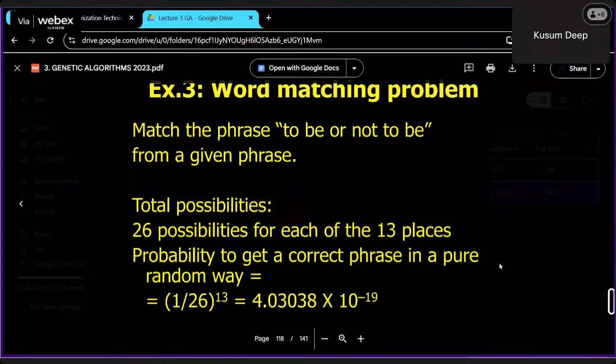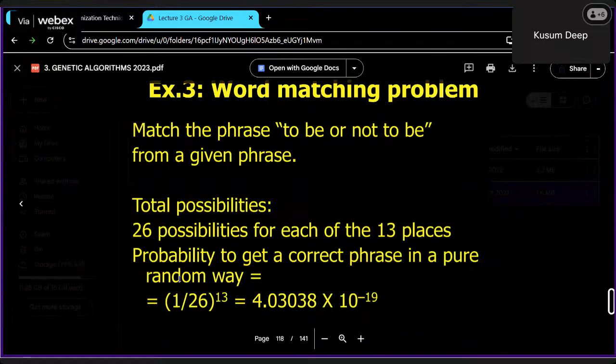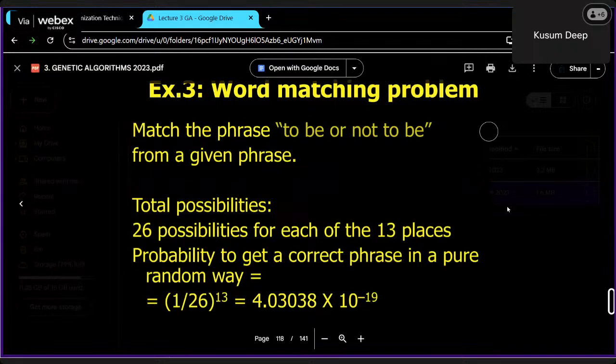So this is a string, to be or not to be. If you try to find the matching, then the total possibilities are as follows: 1 upon 26 to the power 13 in a pure random manner, because there are 13 characters in this phrase. Therefore, the probability to get a correct phrase in a pure random manner is 1 upon 26 to the power 13, which is extremely small.